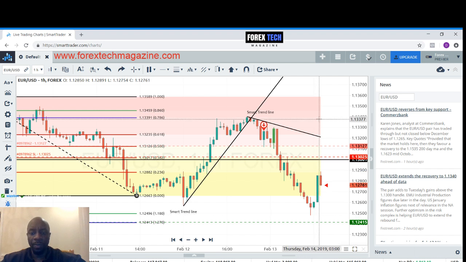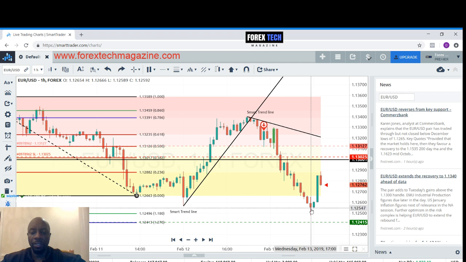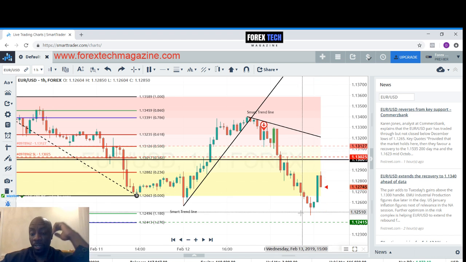And then price just slams back up this way and hits our stop loss, right? So not only did we not hit our target price, we took a loss in the trade. We don't have to worry about that now. All we have to worry about now is that if price doesn't hit our take profit price, then price goes back up, hits our stop loss, we still made money.